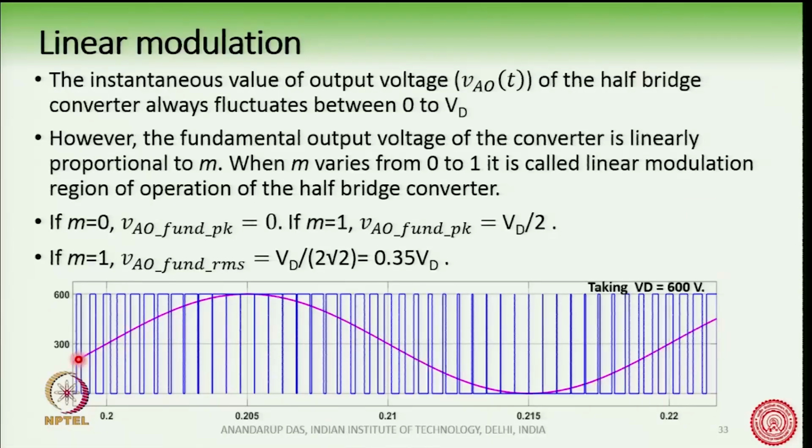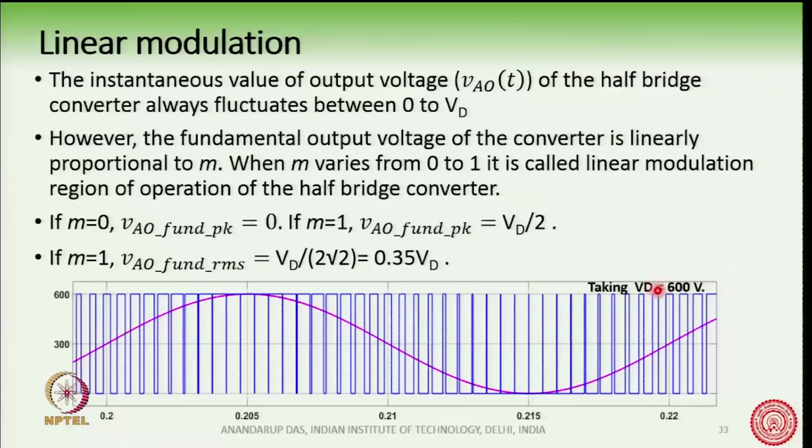It is shown in this curve here. The blue curve is the instantaneous pole voltage, that means VAO(t) with respect to the negative of the DC bus, and we can see that this VAO(t) is varying between 0 and 600, where Vd is taken as 600, as I have shown here.